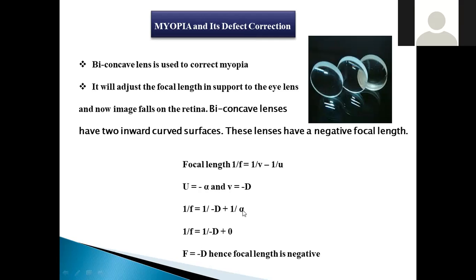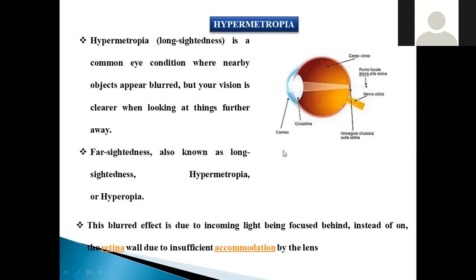Sorry, this is not alpha, it is infinity. 1 by infinity is always 0, that's why it is 1 by minus D. So 1 by f is equal to minus D, nothing but f is equal to minus D. So always the focal length value is given in negative terms for myopia patients. Okay, so this is about myopia.